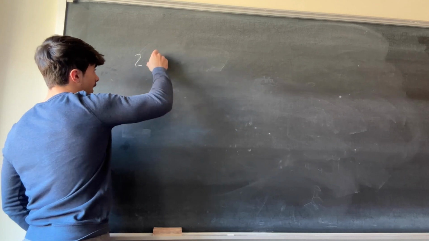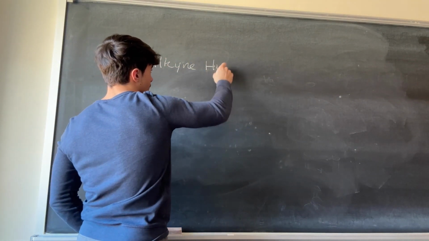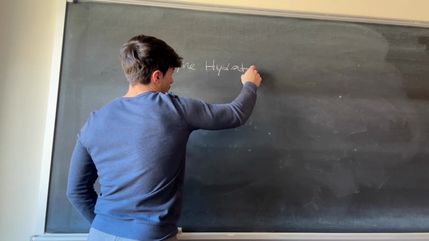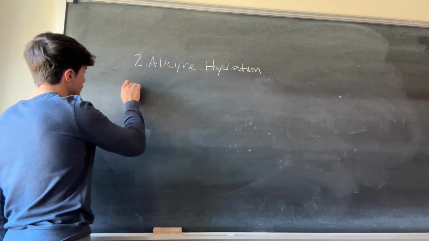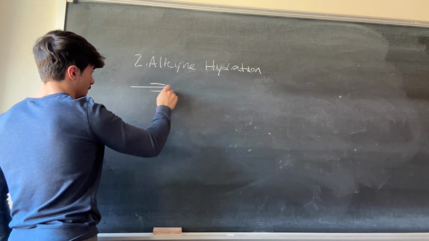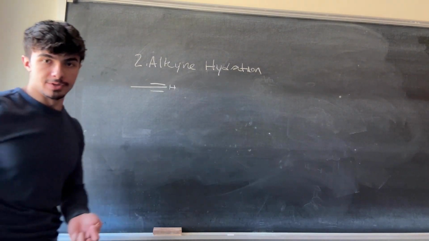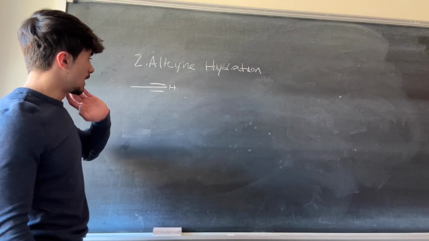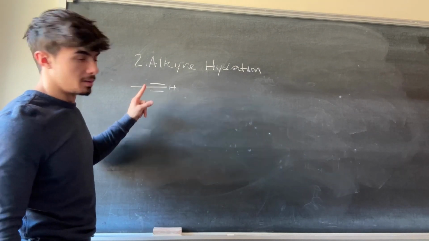Next, we'll look at alkyne hydration. We're first going to look at a terminal alkyne, and we're going to want to do Markovnikov hydration, focusing on this more substituted carbon.